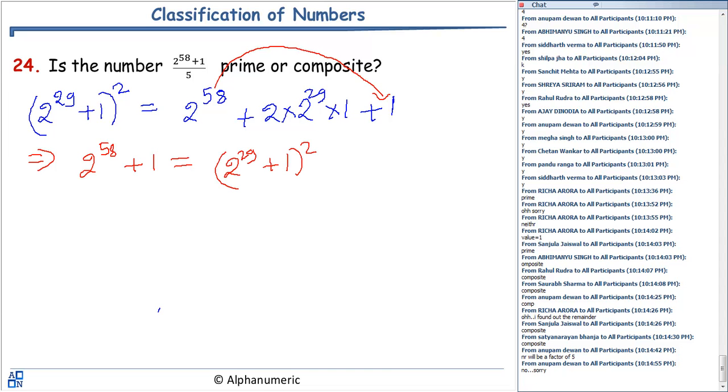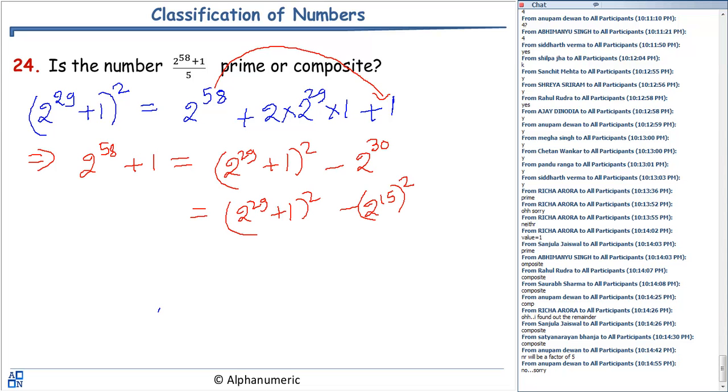minus 2 raised to power 30, which I can rewrite this as 2 raised to power 29 plus 1 का whole square minus 2 raised to power 15 और इसका भी whole square. Now this number is in the form of a square minus b square, and a square minus b square is always equal to a minus b into a plus b.